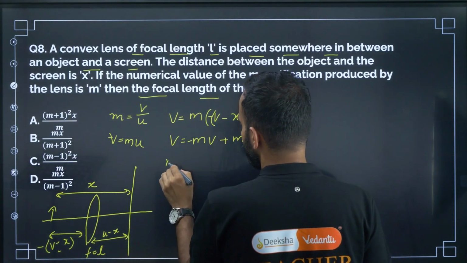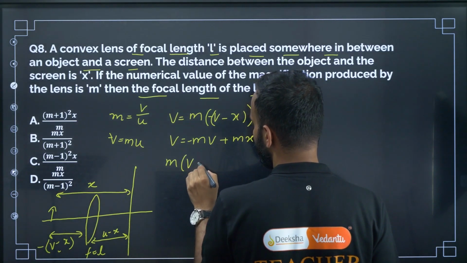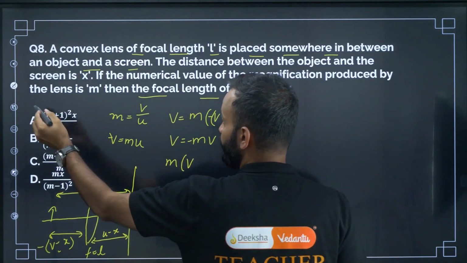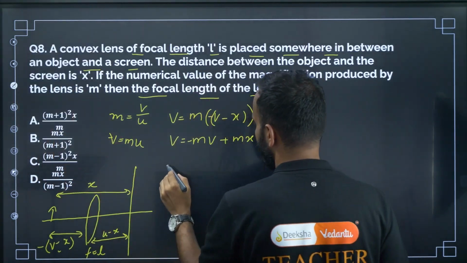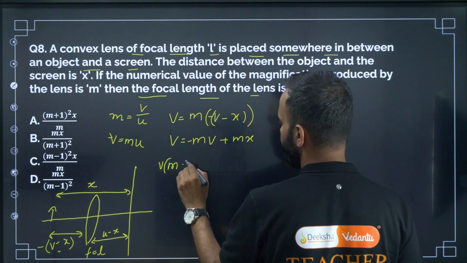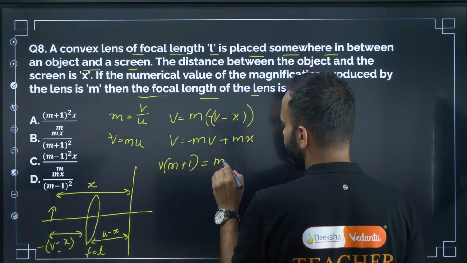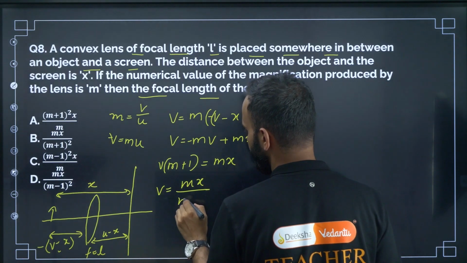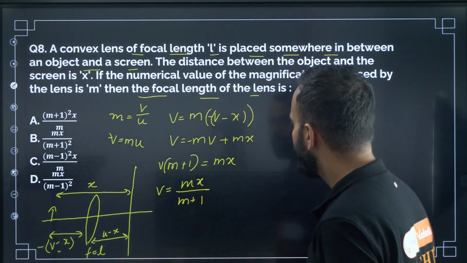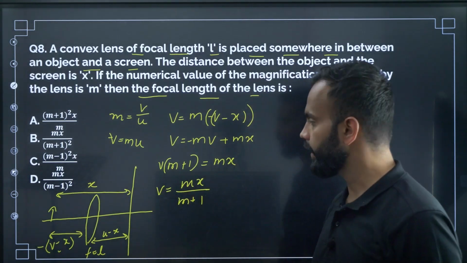So v into m plus 1 is equal to m into x. V equals m into x divided by m plus 1. Now we got the expression of v.